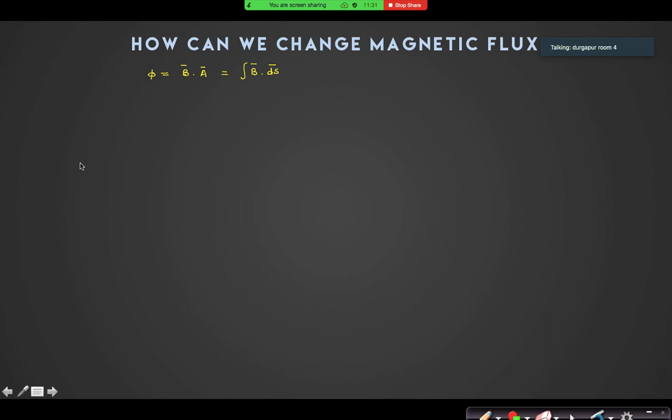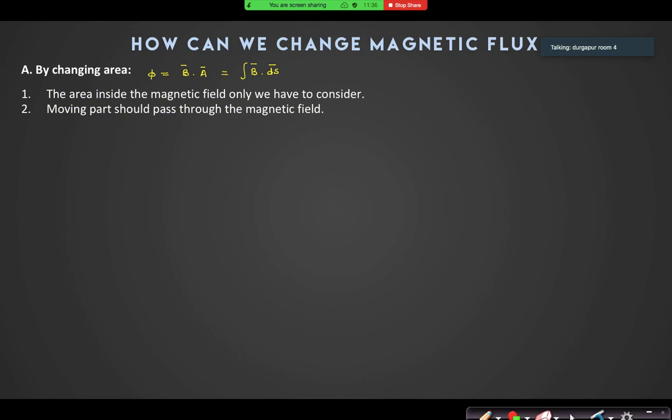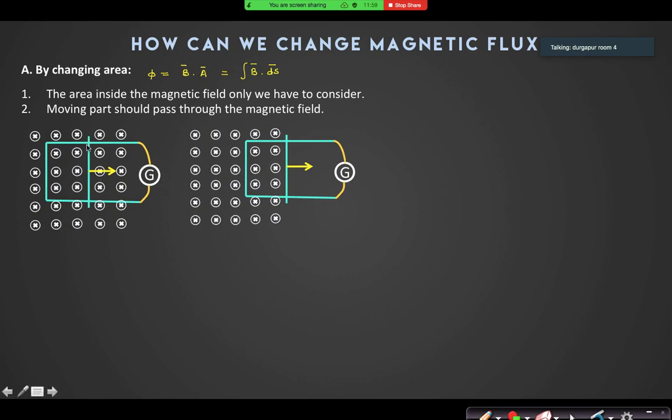And the first example is changing the area. You can see that only the area inside the magnetic field we have to consider, and the moving part should pass through the magnetic field. These are two very important things that you should always remember while changing the area. Suppose this is a rectangular conducting wire frame, placed inside a uniform magnetic field.